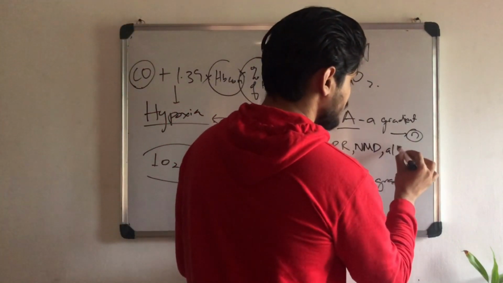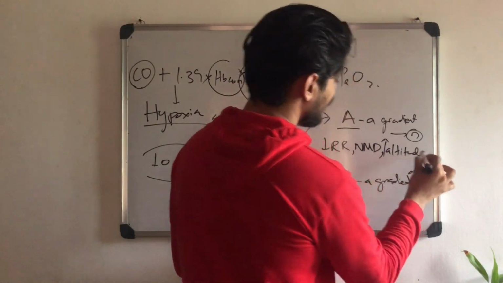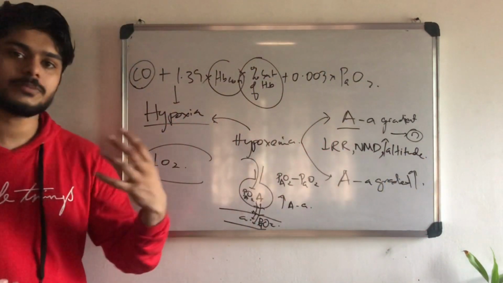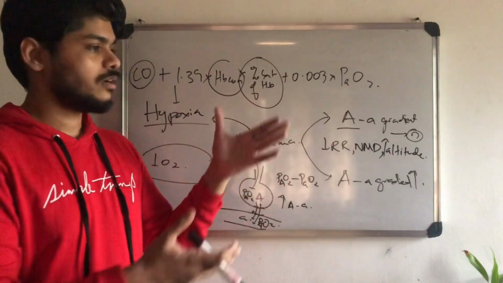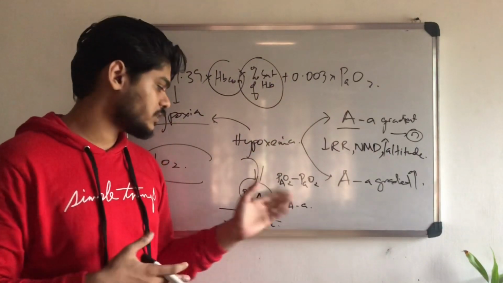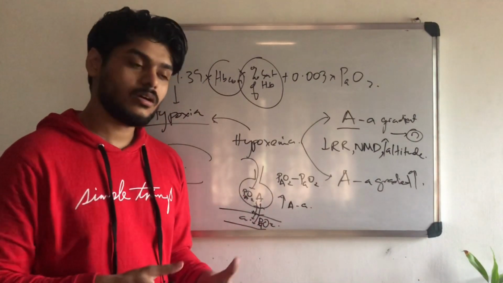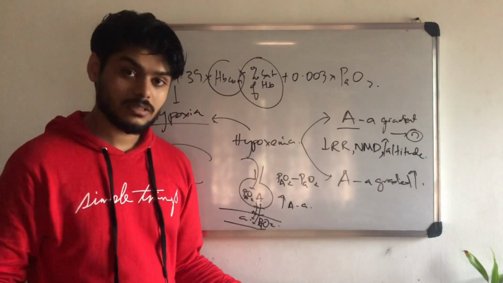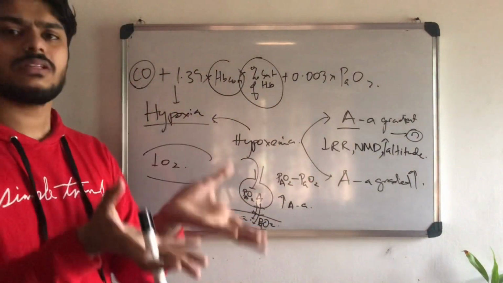Otherwise, it may be because they are at a higher altitude. If that person is at high altitude, the partial pressure of oxygen in the atmosphere is very low. So obviously the partial pressure inside the alveoli will be less, and then the partial pressure of oxygen in the artery will be less, right? So that means something is wrong with the inspiration.